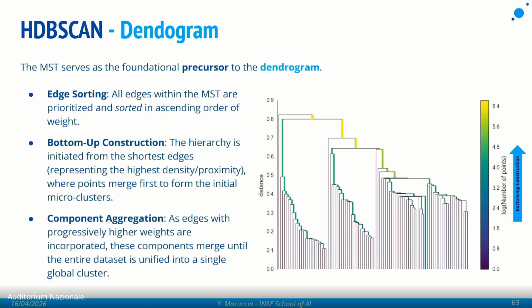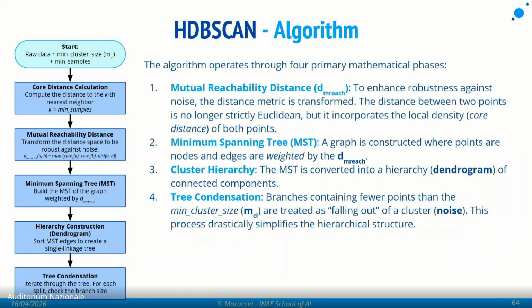Okay, so here is how HDBSCAN is working, based on the hierarchical idea, and not only on the density. After we have the dendrogram, we have to build the tree condensation, because for the branches that contain fewer points, we have to decide if they are noise or not.